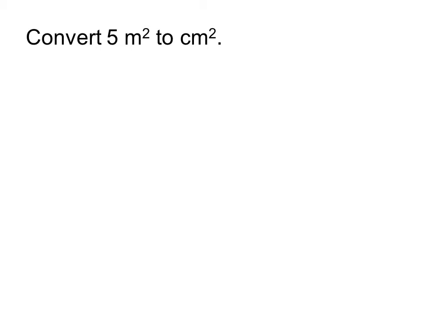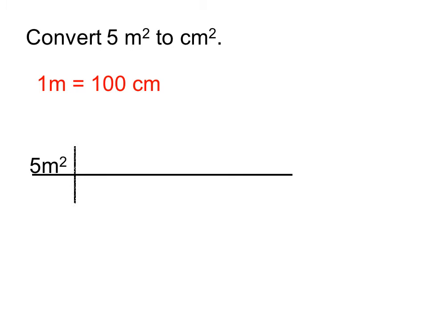Now, when you have units that are squared or cubed, you got to do a little special trick. So I'm going to show that to you here in the next example. So we start with what we know about the relationship between meters and centimeters. And then we start with 5 meters squared that was given in the problem. And we're converting that to square centimeters. So first thing we do, we got to put meters on the bottom.